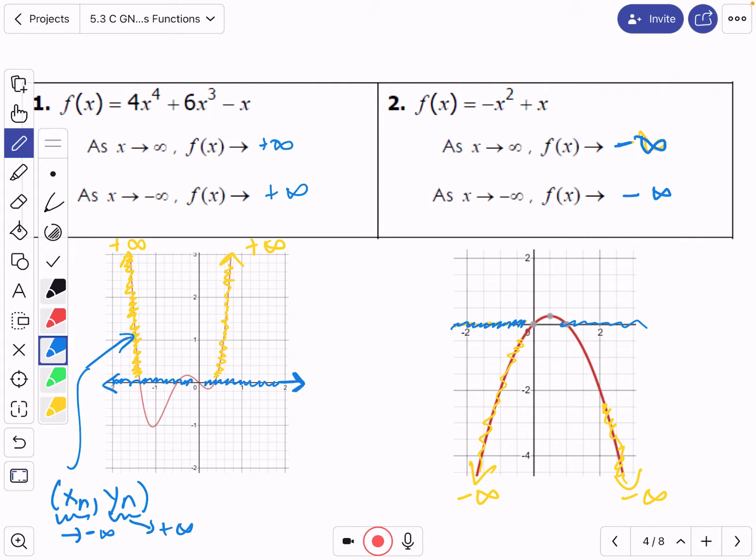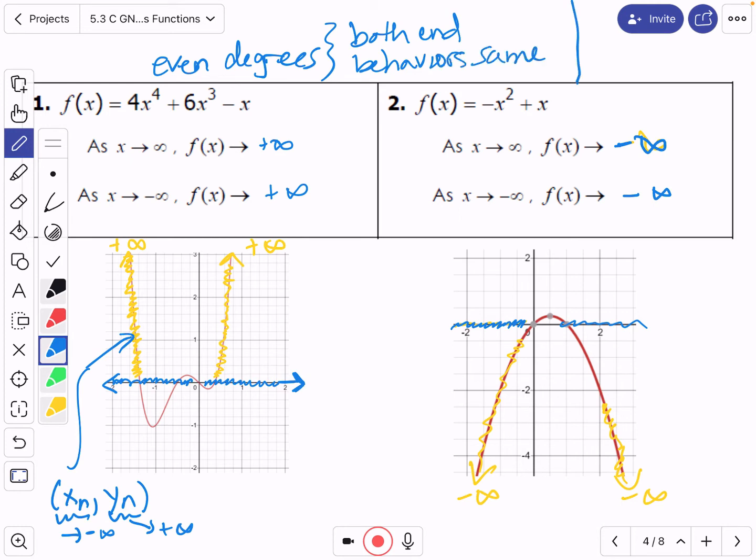So these are both even degrees. And that's nice. The even degree part tells us both end behaviors will be the same. Okay, but they're obviously different. The one on the left goes to plus infinity and the one on the right goes to negative infinity. Well, that's because of the leading coefficient.